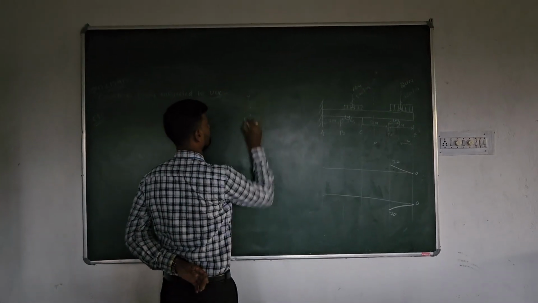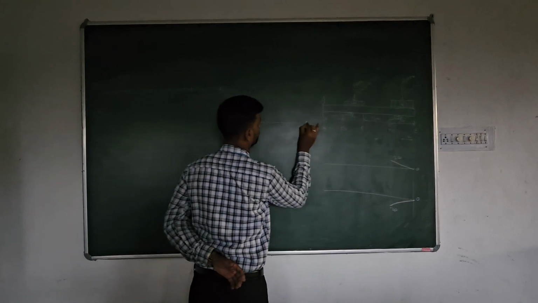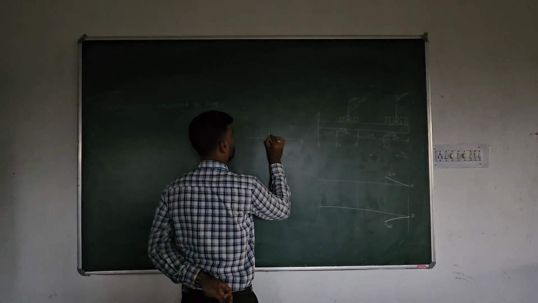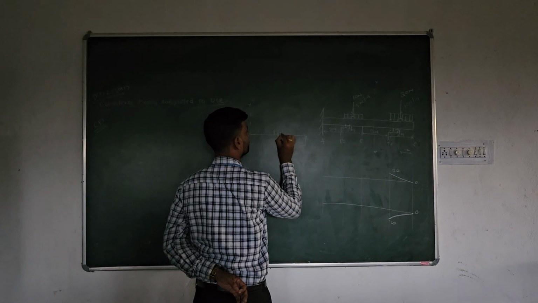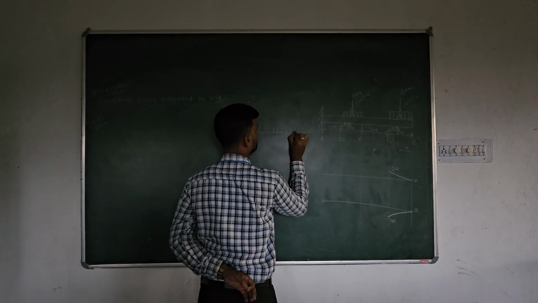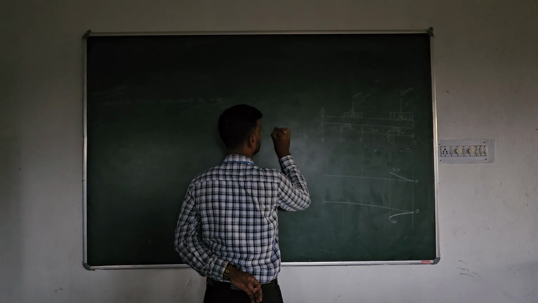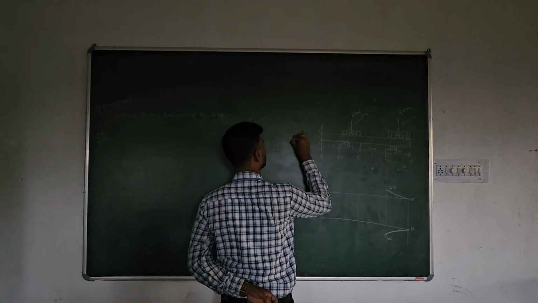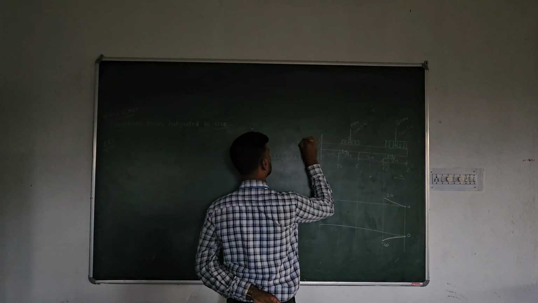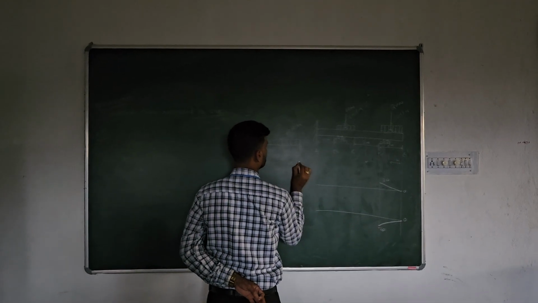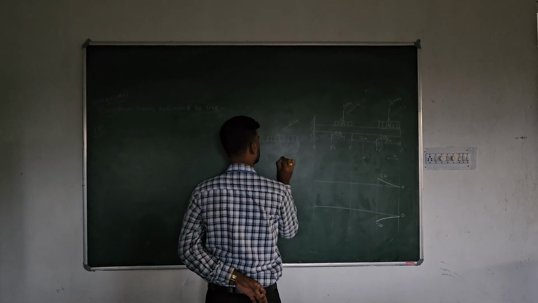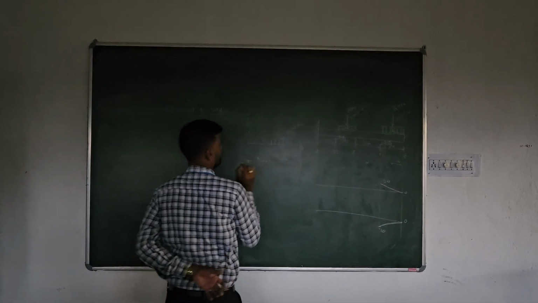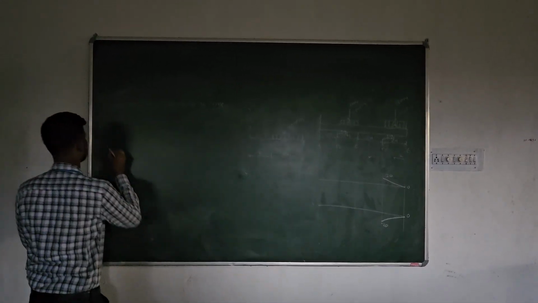This is the XX cross section. Here up to 2 meter, UDL is there, 10 Newton per meter. And this is the distance x.